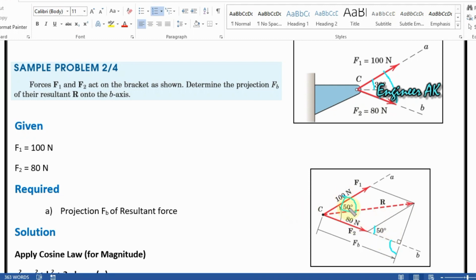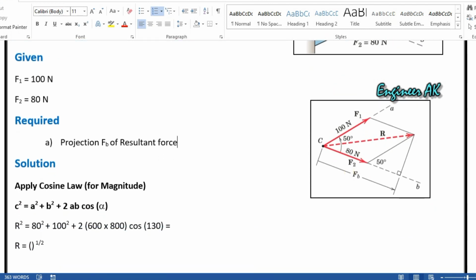Okay, so now if I apply the cosine law for this resultant force, c square is equal to a square plus b square minus 2ab cos C. It's not plus, it's minus, and here it's also minus. So if I apply the cosine law, here is R, and in front of R there is this angle. From here till here it is a straight line, so this angle is 180 degrees.